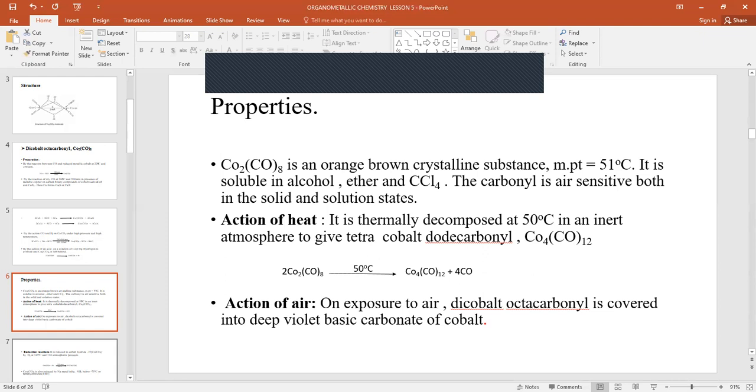It is sensitive to air in both the solid state and in solution. It is thermally decomposed at 50 degrees Celsius in an inert atmosphere to give tetracobalt dodecacarbonyl.